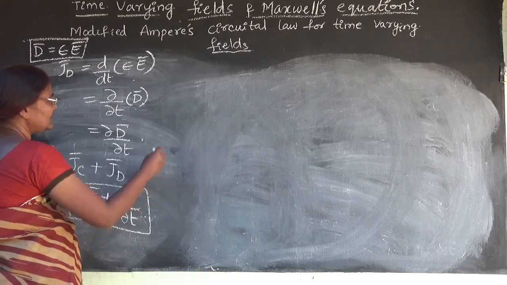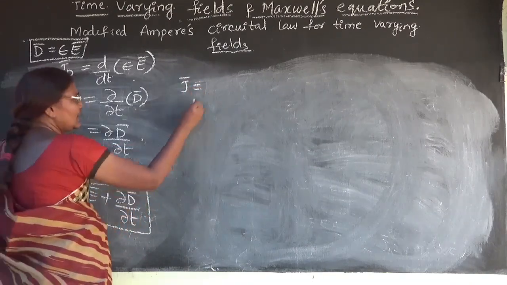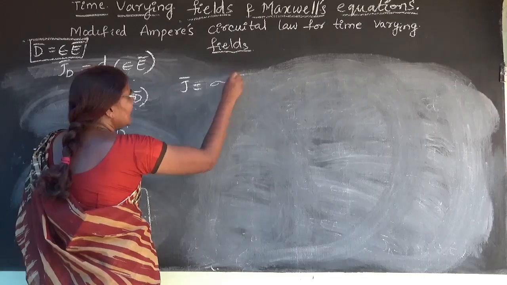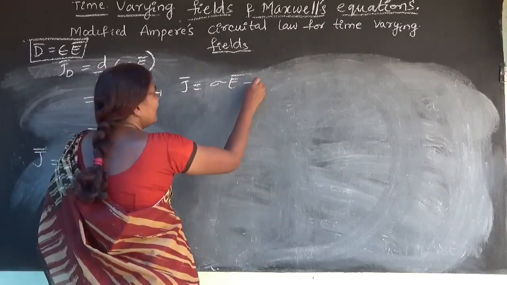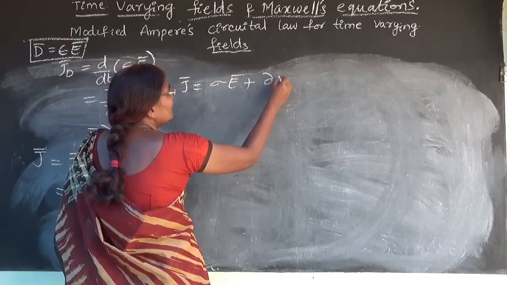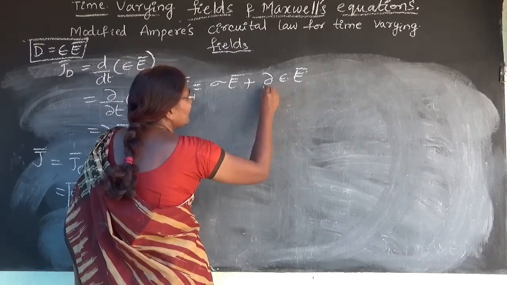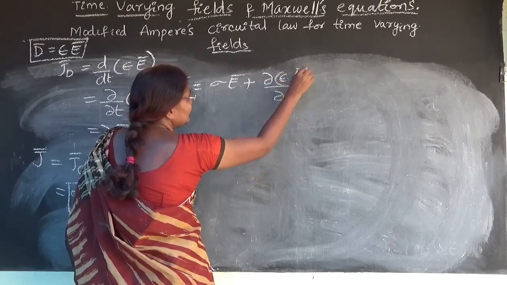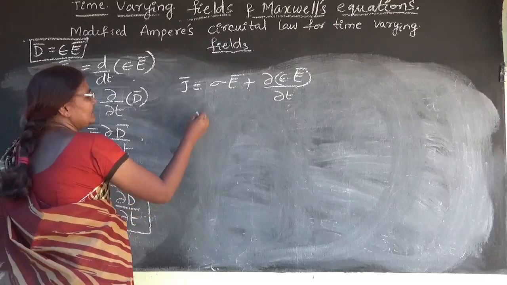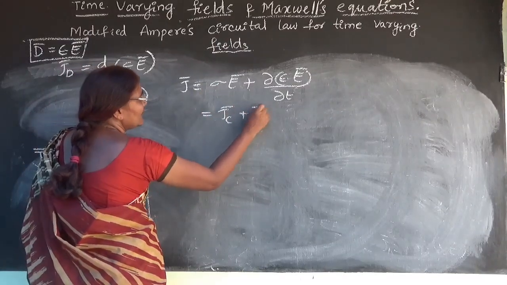Now if I replace, I can write this as J bar is equal to sigma E bar plus dou epsilon E bar by dou t, which is going to be the Jc bar plus Jd bar.